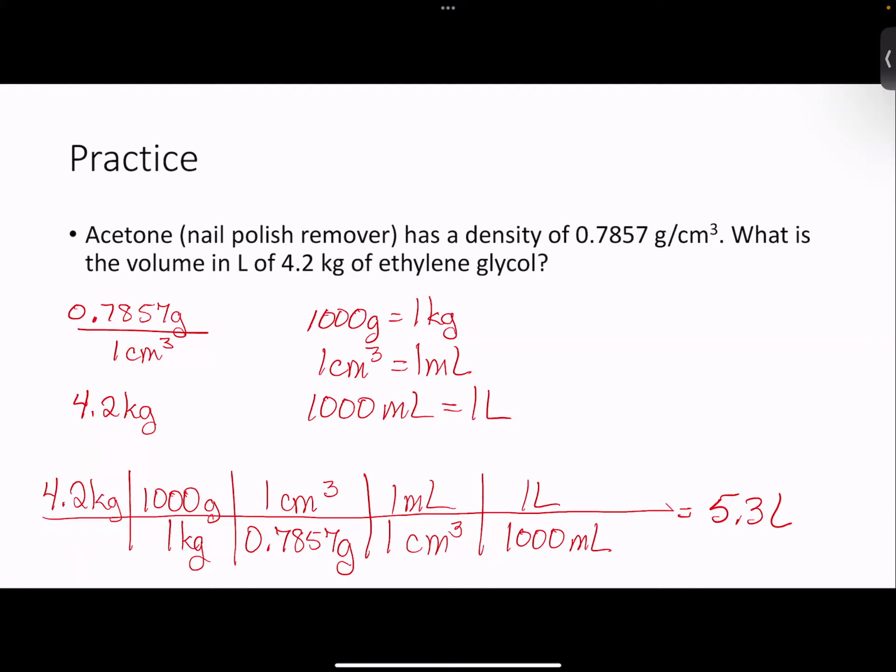Now, I ultimately was asked for liters, and anytime I think of liters, I think of milliliters, which allows me to go to centimeters cubed. So that's why I use 1 centimeter cubed is equal to 1 milliliter, so that the centimeters cubed would cancel out and leave me the metric system of liters. And then I converted that into the milliliters and the liters and got 5.3 liters. Questions?